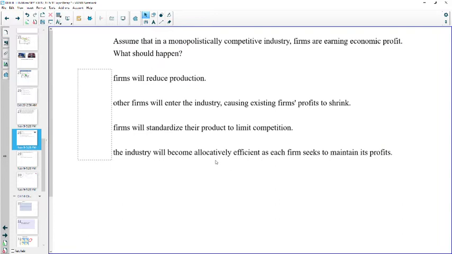Assume that in a monopolistically competitive industry, firms are earning economic profits. What should happen? Well, if there's economic profits, how do we know there's economic profits? The invisible hand. The word gets out. How do we know that a Fridays or a Chili's is profitable?